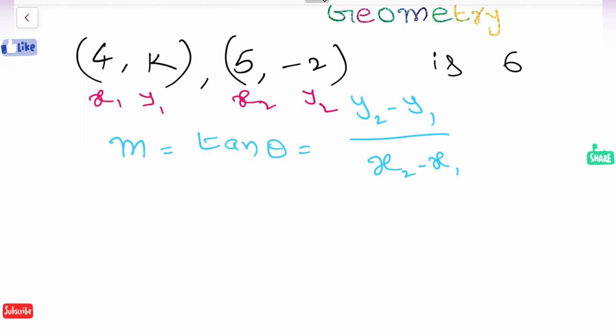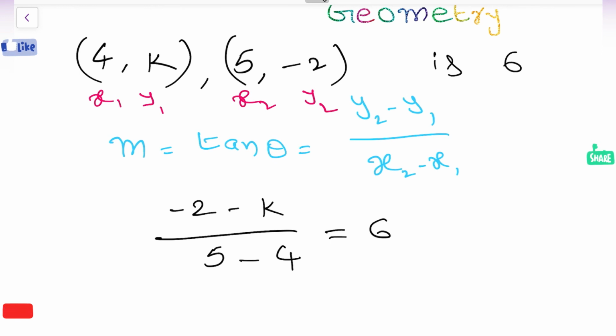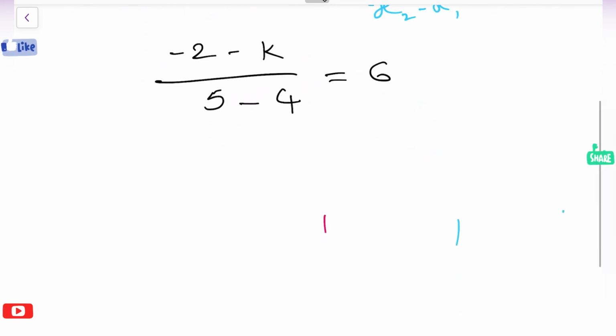Let us substitute in the formula. So y2 is minus 2 minus y1 is k, divided by x2 is 5 minus x1 is 4, that is equal to 6, because he gave the slope as 6. So the numerator I can do nothing, so I am writing it as it is, minus 2 minus k, divided by 5 minus 4 is 1, which equals 6.